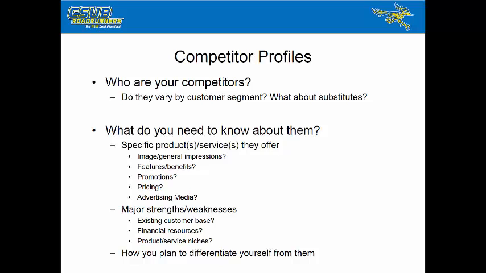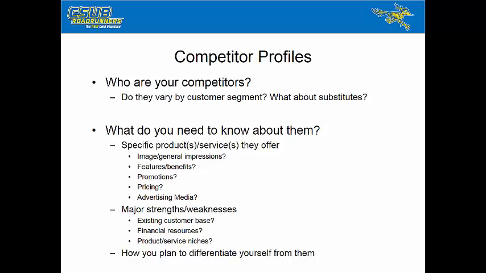So, first question you want to ask is, who are your competitors? Do they vary by segment? So, if you have different customer segments that you target or different products that you offer, your competitors may be different depending on who the customer segment is or what the product segment is.